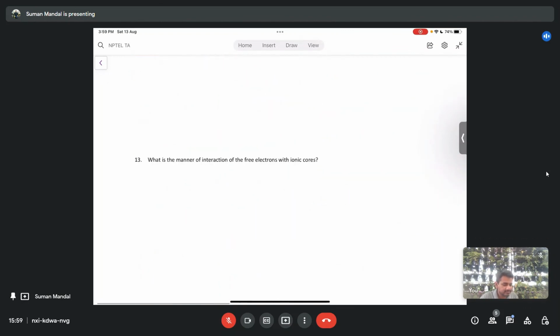So these are some very general questions. In the Drude model, we have considered that the only interaction between electron and electron and ion is a sort of bumping of them with each other. So what is the manner of interaction of the free electrons with ionic cores? It's known that they are charged species, so the interaction will be Coulombic in nature.